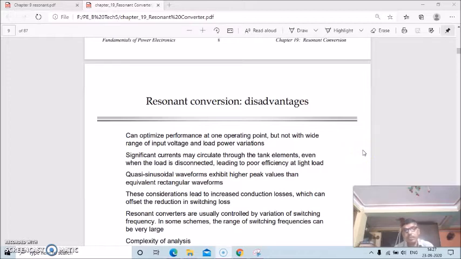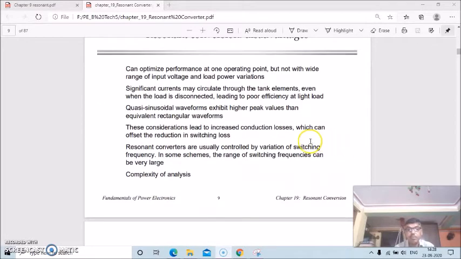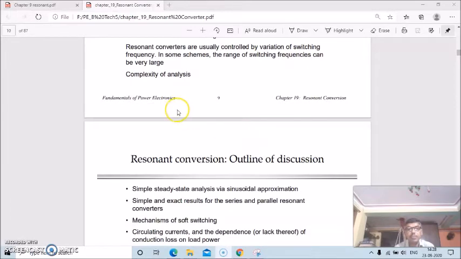Quasi-sinusoidal waveforms exhibit higher peak values than equivalent rectangular waveforms. These considerations lead to increased conduction losses, which can offset the reduction in switching loss. Resonant converters are usually controlled by variations of switching frequency, and in some schemes the range of switching frequencies can be very large. So this is the complexity of analysis.